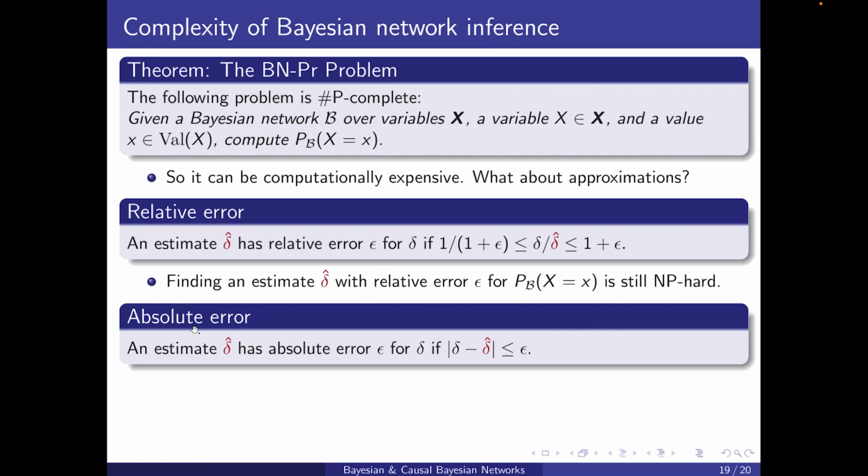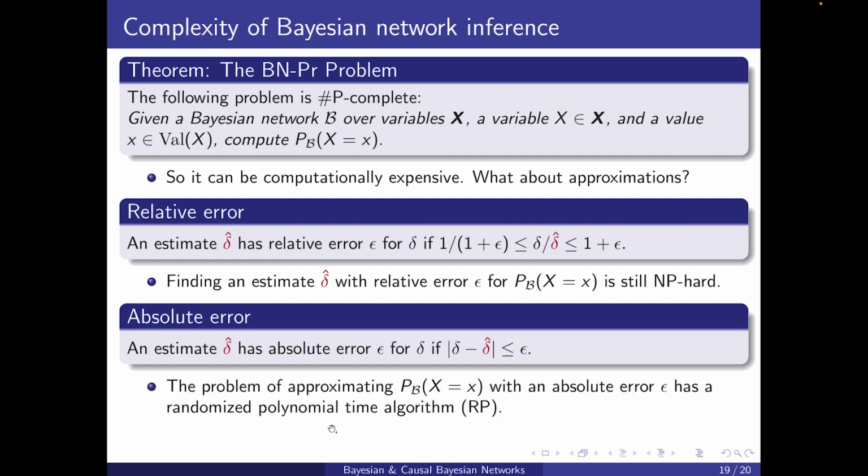What about another type of error? So absolute error. This time we say that an estimate delta hat has an absolute error of epsilon for delta if the difference is bounded by epsilon. Quite intuitive. What about this case? Well, the problem of approximating P of x with an absolute error of epsilon has a randomized polynomial time algorithm.